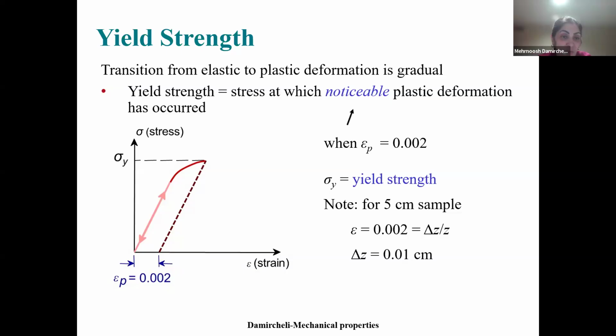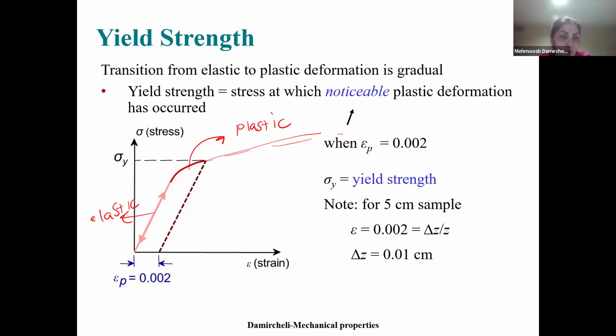What is the offset method? Here is the elastic region and here is the plastic region, but we don't know where the plastic region starts. Where is the yield point exactly?